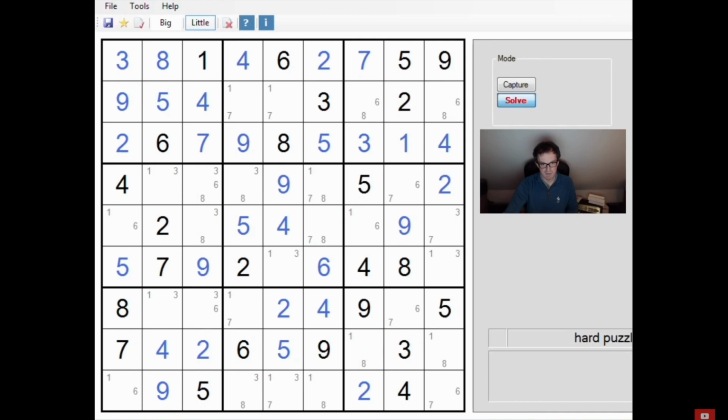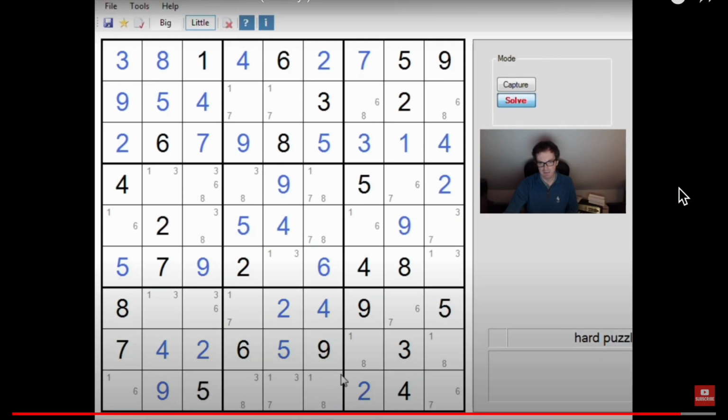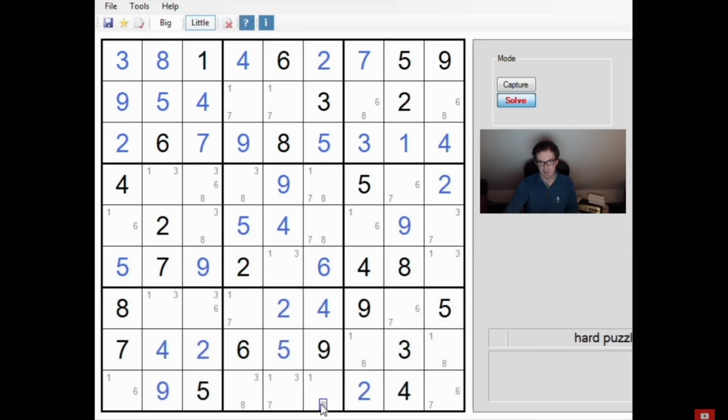I don't think I've ever had to do so much chaining though. So I mean, the fact this is a 1 or an 8, I think is going to be helpful because you can see it's either an 8 or if it's a 1, this gives us a 6 here, a 1 here, a 3 here, and this is an 8. So we get this juxtaposition of 8s either here or here, and that influences, well, this square.